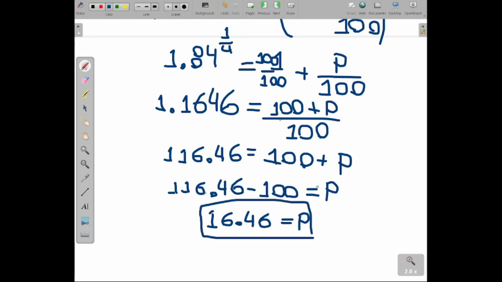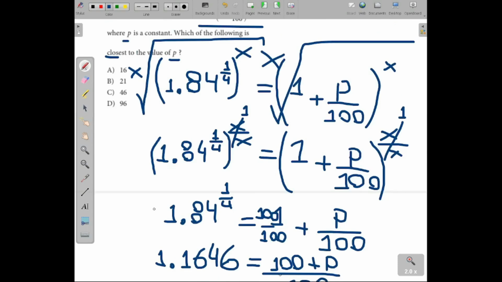This is our value of p, and as we can see on the answer choices, the closest value is 16. The right answer is A.